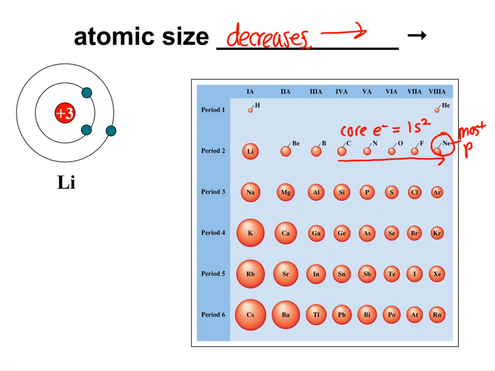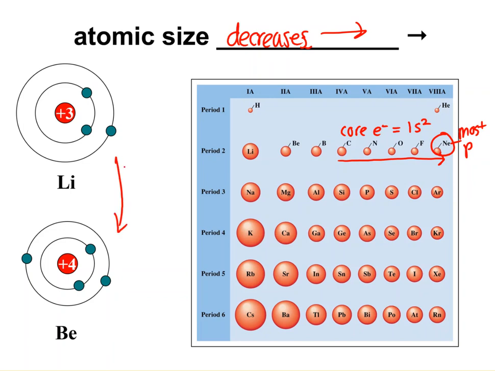Remember that the position of the energy levels is not set. These shells vary in their size depending on what particles are in there. So if we're considering lithium, and we don't have that on this, lithium, and it's 3 electrons and 3 protons, like so, to beryllium, which has more nuclear charge, but 1 more electron also, the shielding is the same. These have the same shielding.